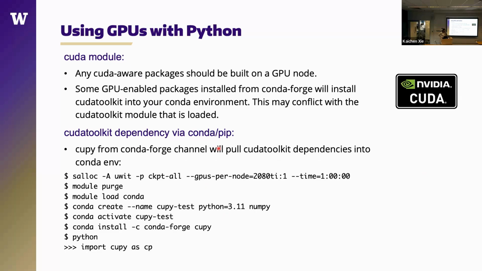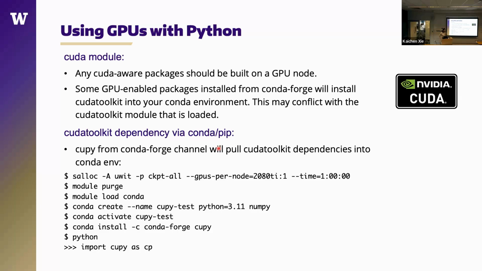GPUs are a good fit if your applications can perform computation using large arrays, matrices, or you want to process images, your data set can fit in the GPU memory, and the input-output is not a bottleneck for your computation. Then you can also use GPUs with Python. Here, you will need to load the Conda module first before you install any packages.